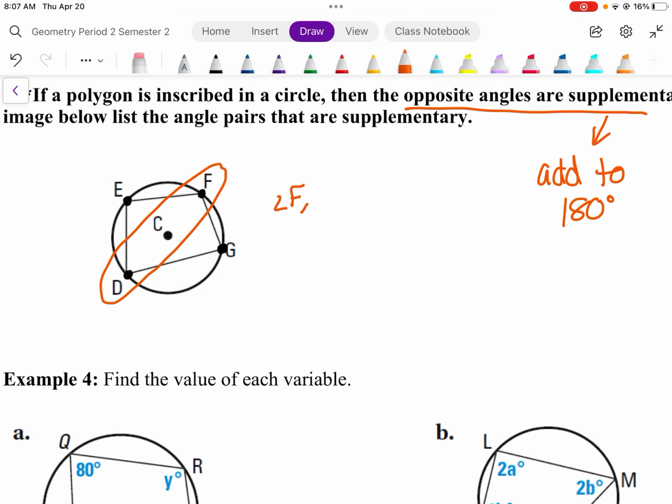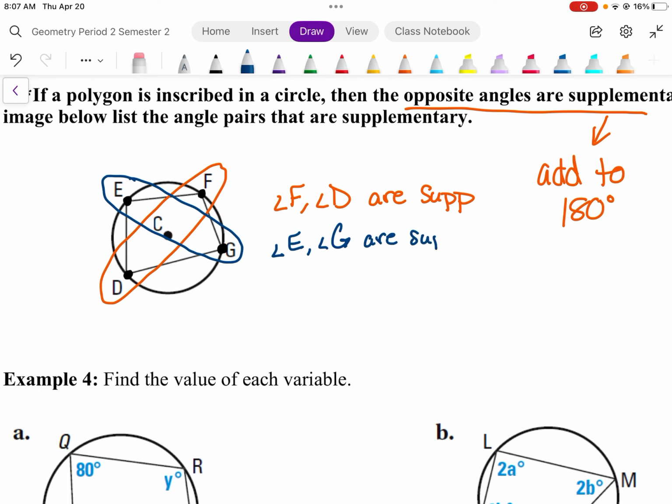So angle F and angle D are supplementary. And the second pair would be angle E and angle G. So they are going to add up to 180.